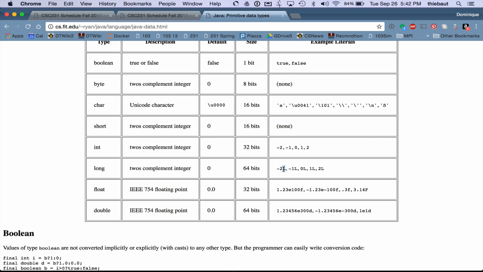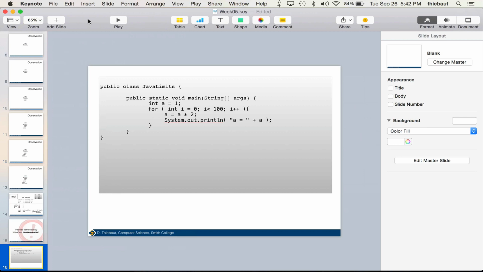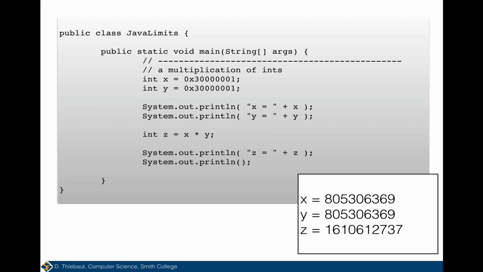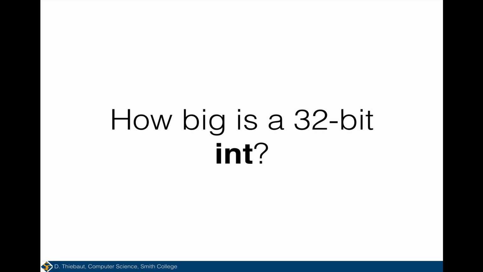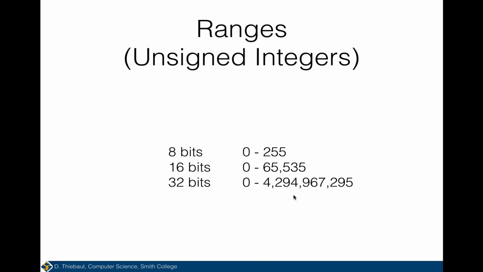All right. Let's go back here. So we've just looked at that. So how big is a 32-bit integer? It goes from, as an unsigned, so again, I'm still talking about unsigned numbers that are only positive, start at 0.